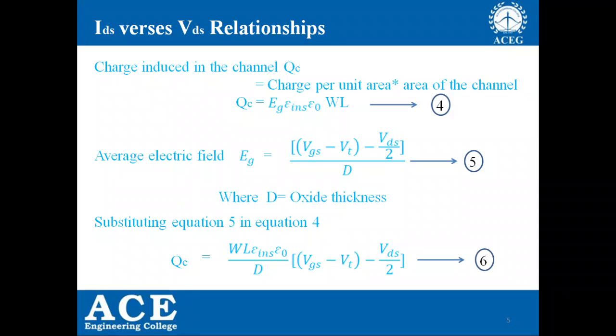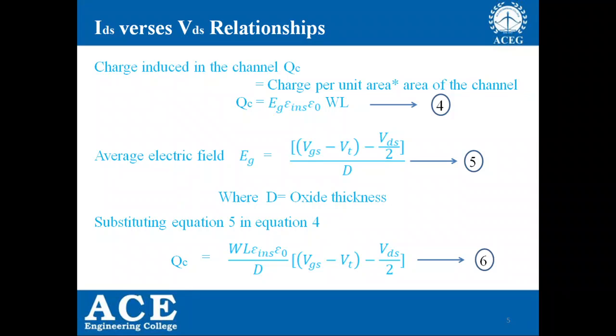And now we need to calculate the average electric field applied at the gate. This will be the net or effective voltage at the gate divided by the thickness over which we apply it. So Eg, the average electric field: we have seen previously that Vgs is the voltage we apply at the gate, Vt is the voltage expended for creating the channel, and the IR drop in the channel is Vds by 2.